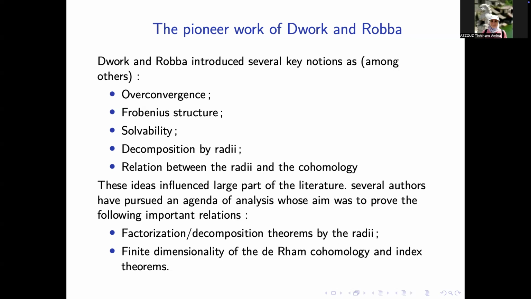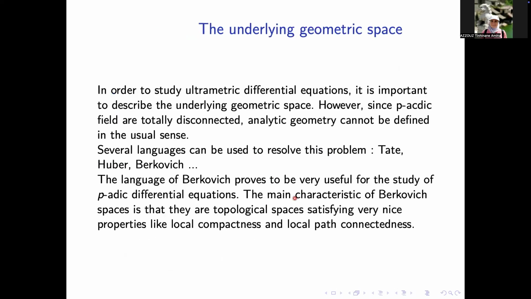Several authors have pursued an agenda of analysis whose aim was to prove the following important relation: the decomposition with respect to the radius of convergence. In the beginning, this was only in some special cases, but it was generalized more and more, as I will explain later. This also corresponds with the cohomology.